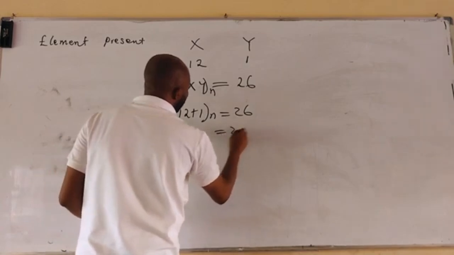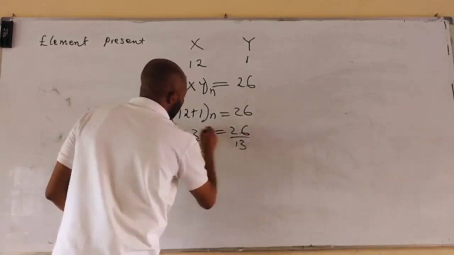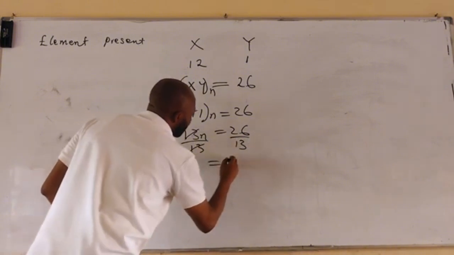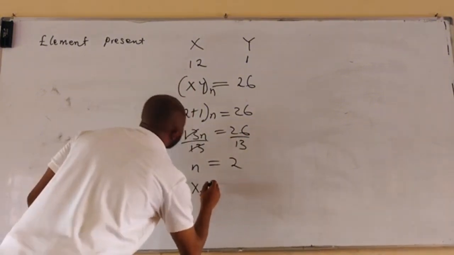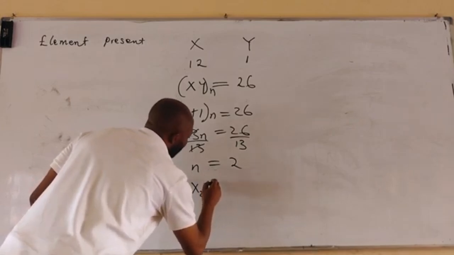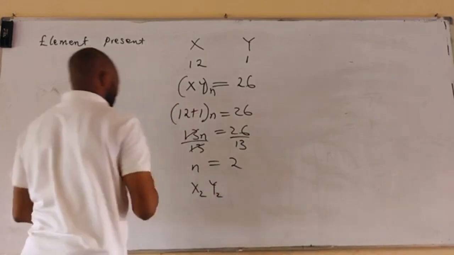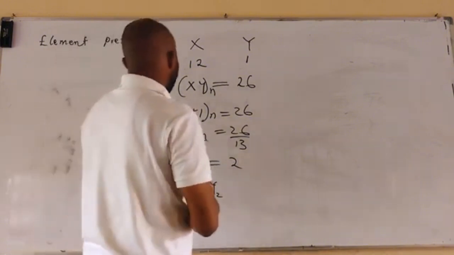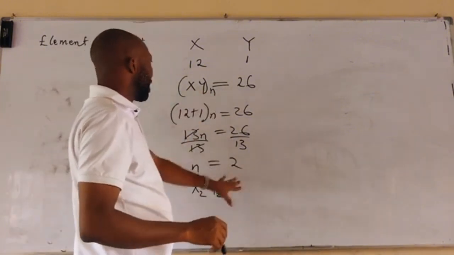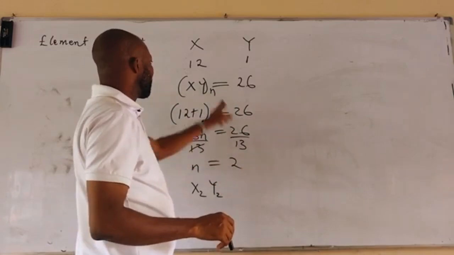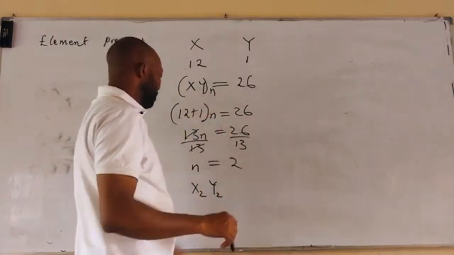Divide both sides by 13, and N is equal to 2. Therefore we have X2Y2, because from XY, with N being 2, I expand: 2 times X is X2, 2 times Y is Y2.